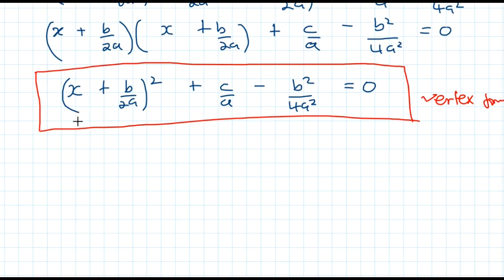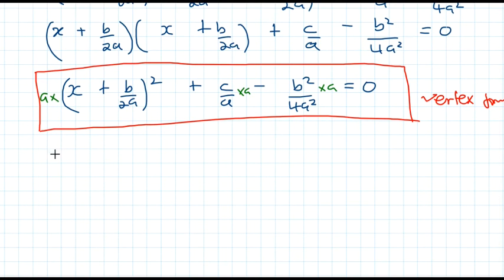Let's multiply everything by a, so that we can make a comparison between the standard form and the vertex form.